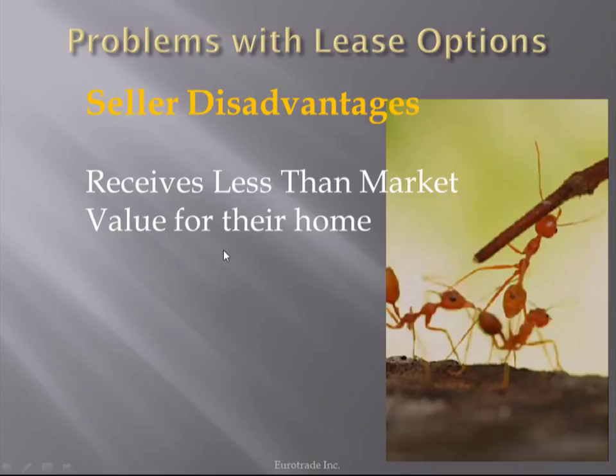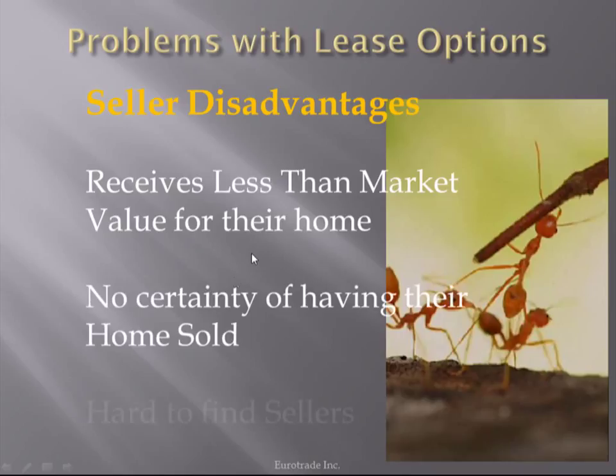However, because there are a number of years to go before the option expires and is exercised by the purchaser, it can be expected that the property's value will increase, and as the property's value increases, that means the seller is at a disadvantage because he does not get the market value on the day at which the property is finally sold.